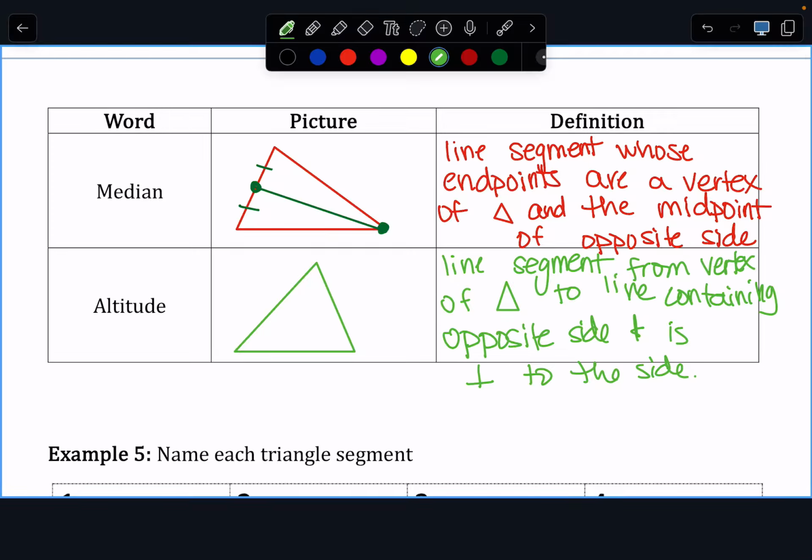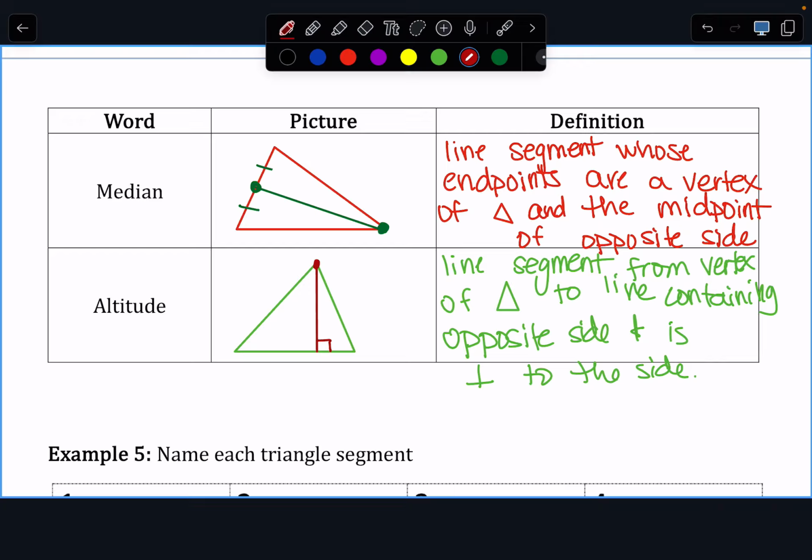Okay, so if I'm gonna draw an altitude, I'm gonna go from one of the vertices of the triangle, and I'm gonna draw the segment so that it is straight down, perpendicular. So when you find the area of a triangle, you need the altitude for the height. Does it have to be straight down?